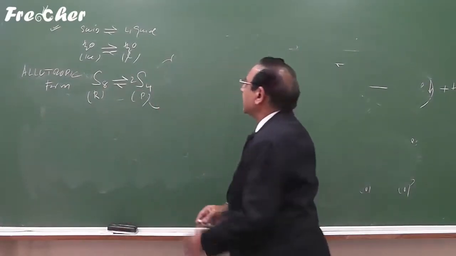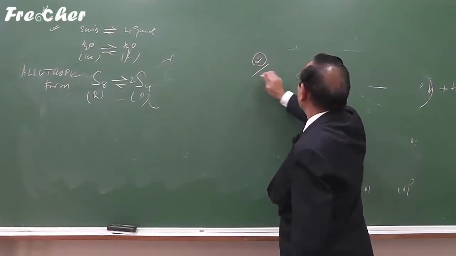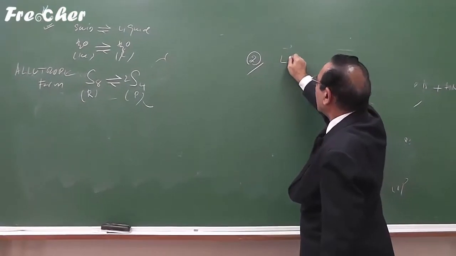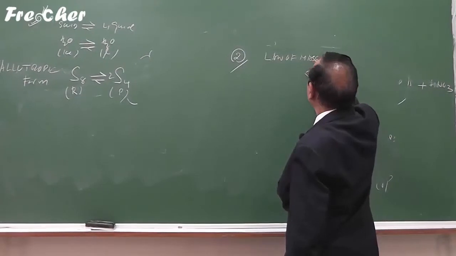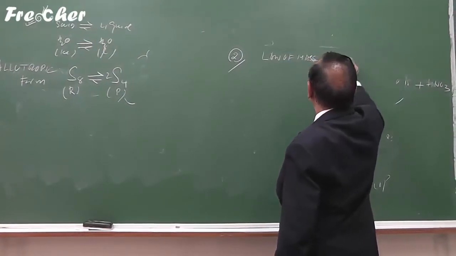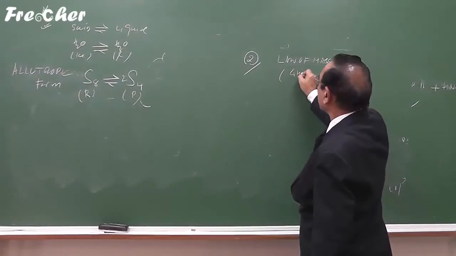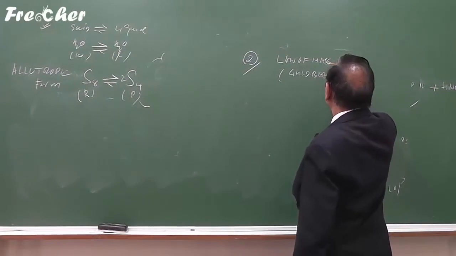So the first point is reversibility. Second point, we have to know a law called the law of mass action. This is given by the scientists Guldberg and Waage, so sometimes it is called by the name of Guldberg-Waage law.